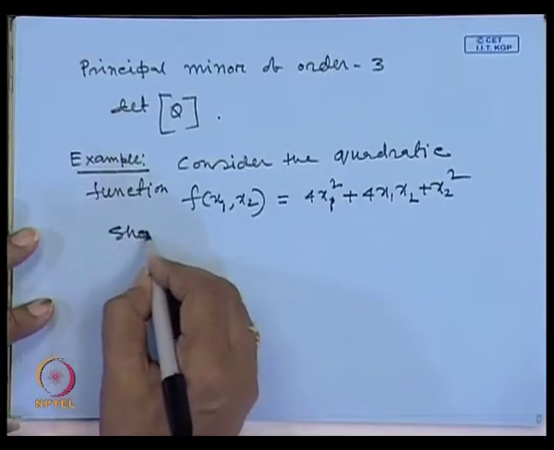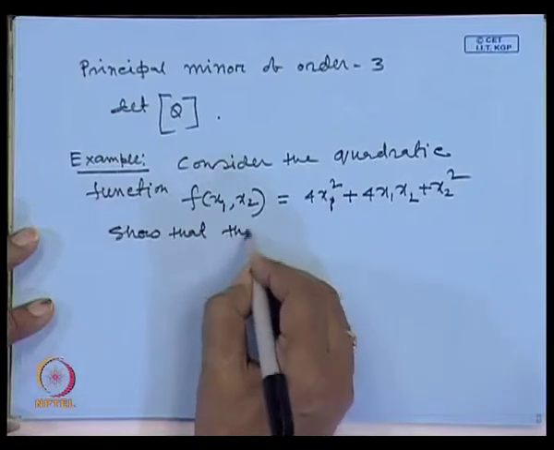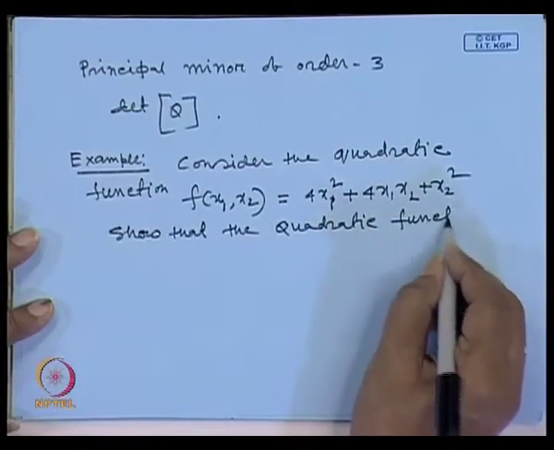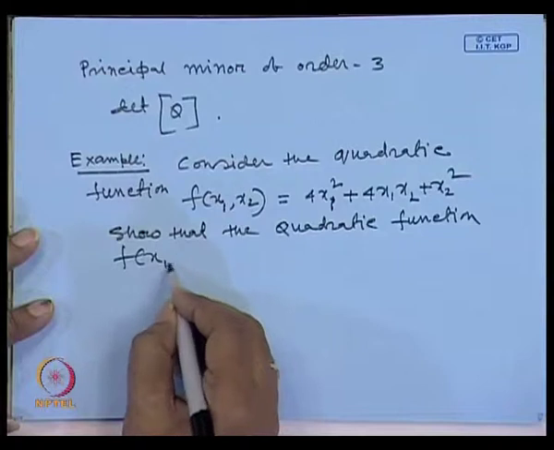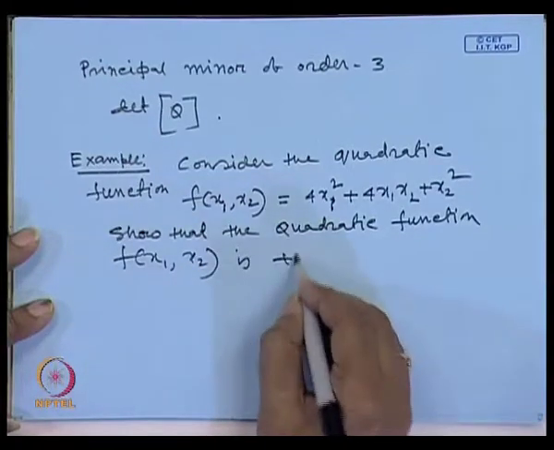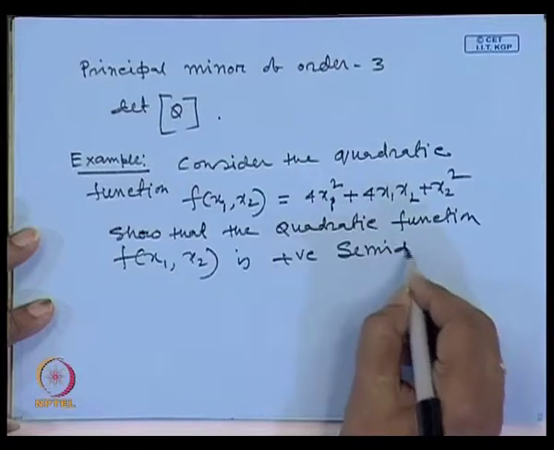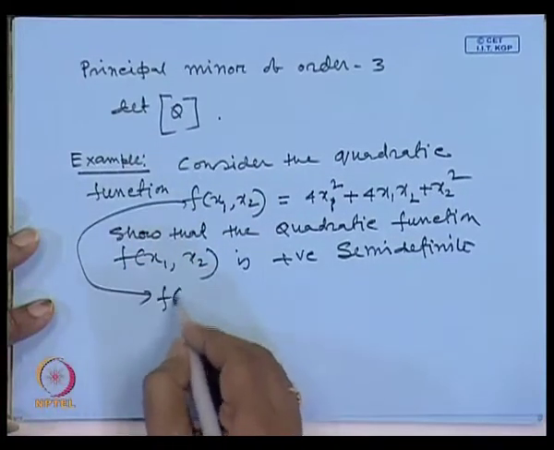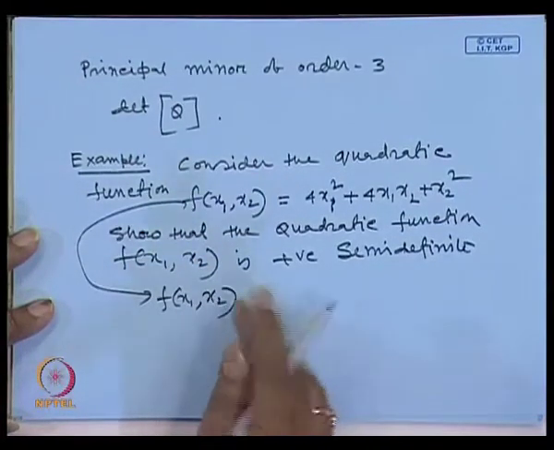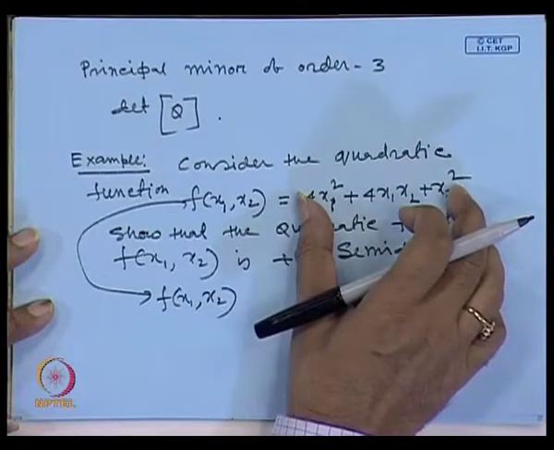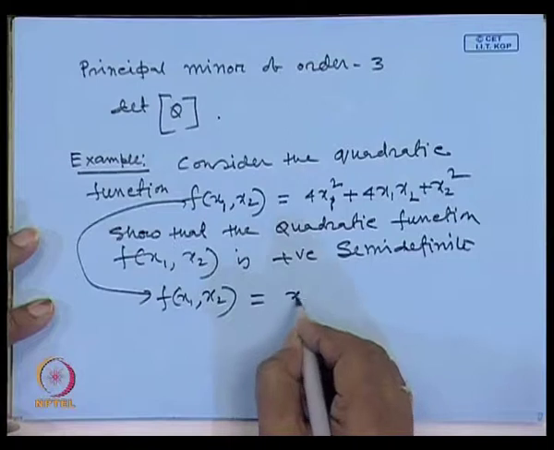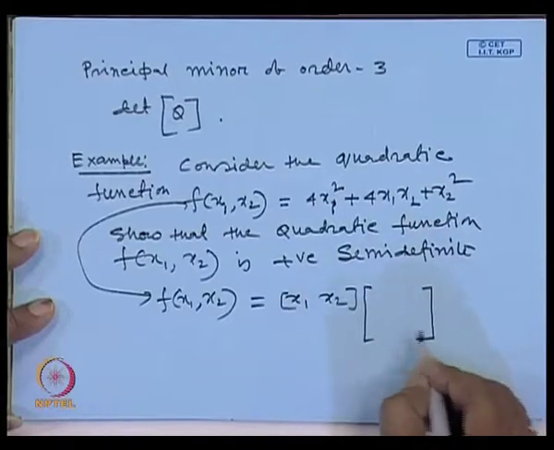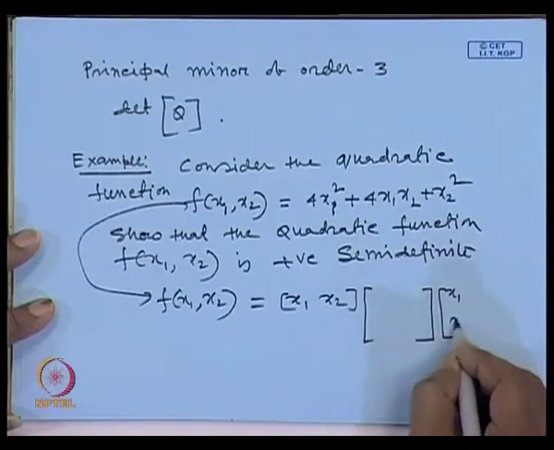So, you can write: show that the quadratic function f of x is positive semi definite. That is our problem. This function, I can always write in matrix and vector form, as I told you, with x 1 and x 2.